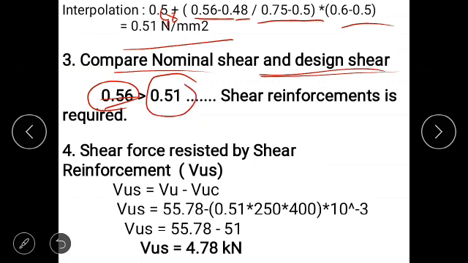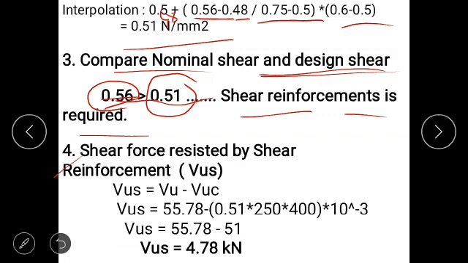Here nominal shear is greater, so shear reinforcement is required. If design shear is greater, then there is no need to design shear reinforcement. Here shear reinforcement is required because the nominal shear value, 0.56, is greater than the design shear, 0.51.